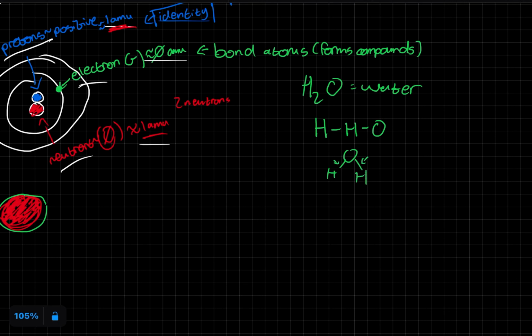But these little lines are bonds. They're not actual lines in there. It's just an attraction. Well, not an attraction, but it's the electrons sharing with each other, depending whether it's covalent or ionic. I'm not gonna get into that for now, but just think of it as an attraction, but it's not an attraction.